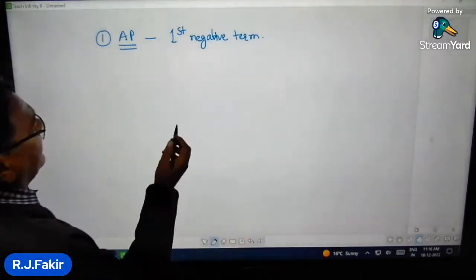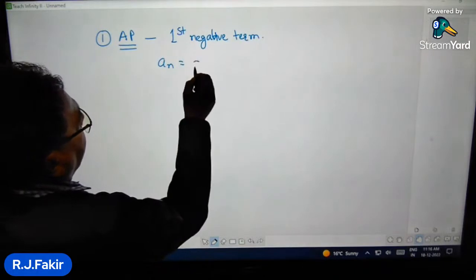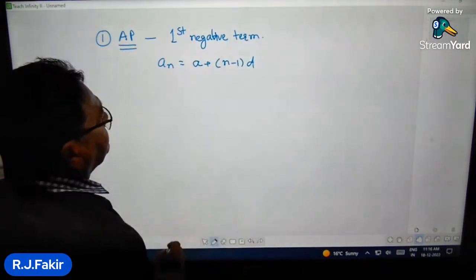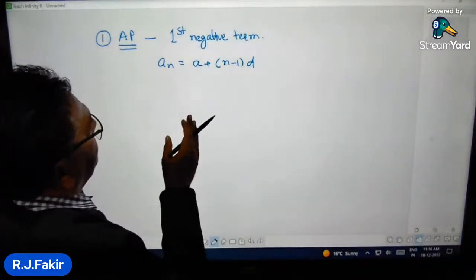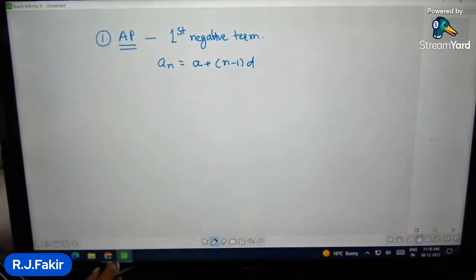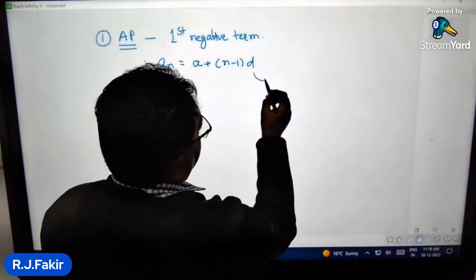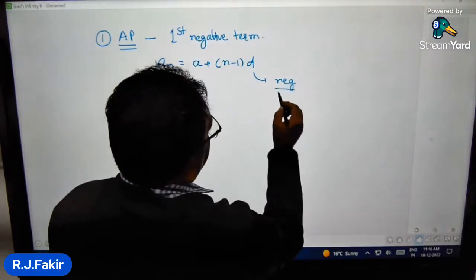So we know the formula: An is given by a plus (n minus 1) into d. And generally whatever APs you get for such kinds of questions, you will find that they have a negative common difference. They generally have the value of d as negative.